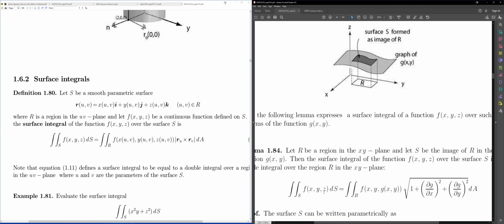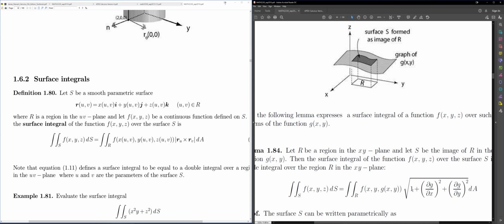You take the z over here and replace it by g(x,y), and then you multiply by this square root term. In the square root term, that's 1 plus the derivative of g with respect to x, squared, and similarly the derivative of g with respect to y, squared.